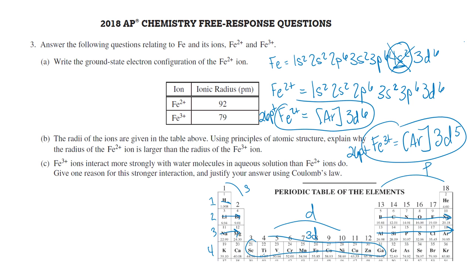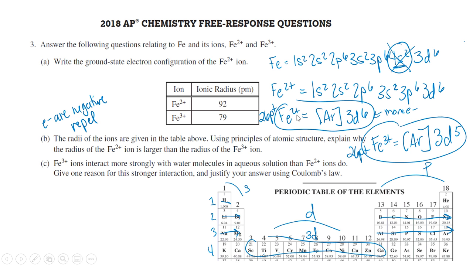Well, the only difference is that the iron +2 ion has more electrons, right? It's got 1 more electron than the iron +3 ion. And what we know about electrons is electrons are negative and they are going to repel each other. So because they have the same number of protons, they have the same number of shells, the only difference here is the number of electrons.